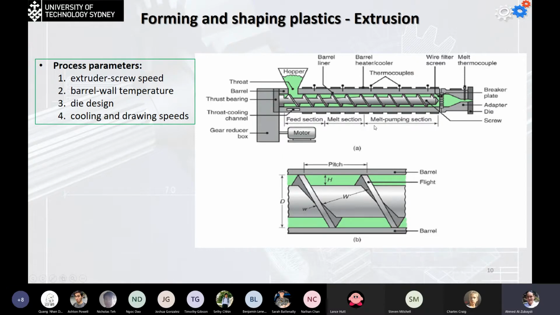That's mainly for two reasons. We don't want it to be too soluble, and the second reason is that we don't want the temperature to reach the ignition point. The movement of the screw conveyor simply forces the plastic through the die outlet.